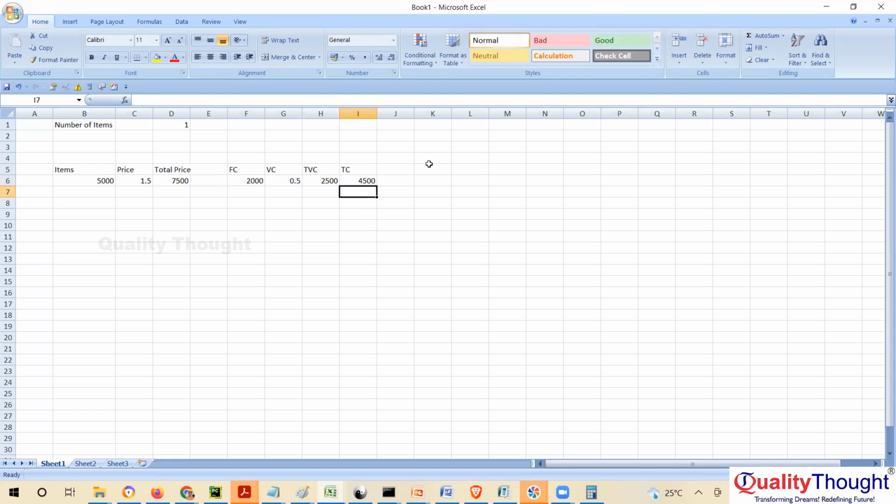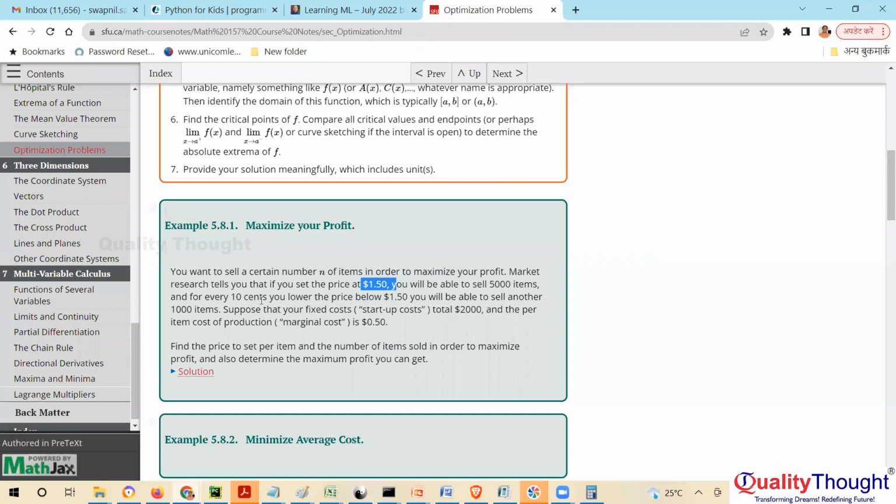So your total profit is total selling price minus total cost price. So 3,000 is your profit if you sell 5,000. What it says is, if you're able to reduce by 10 cents, you'll be able to sell how much? 1,000 more, right?